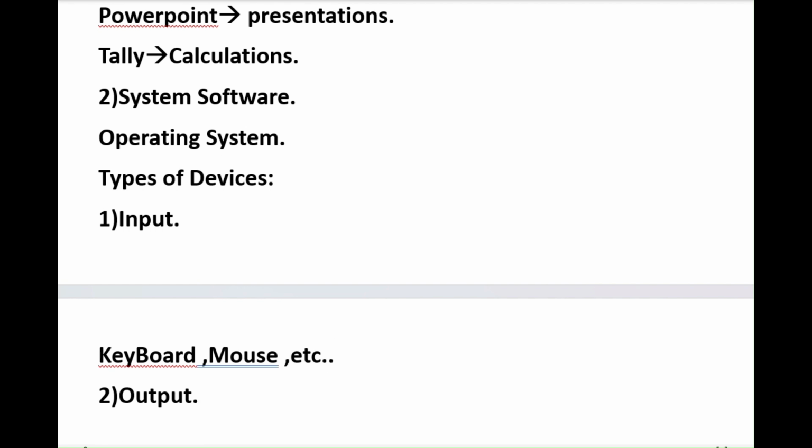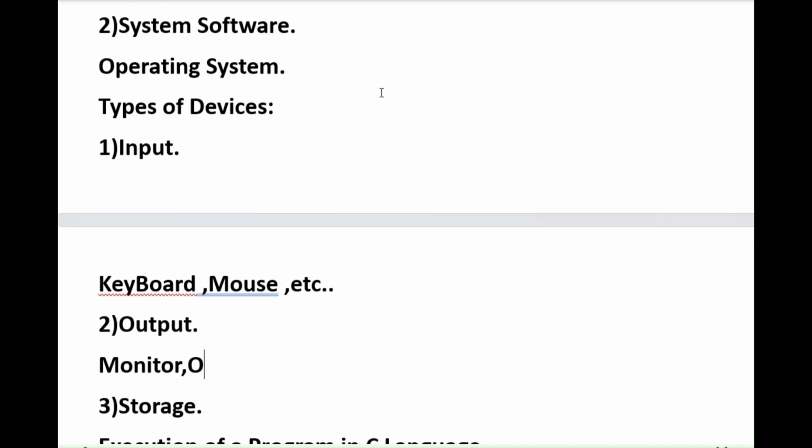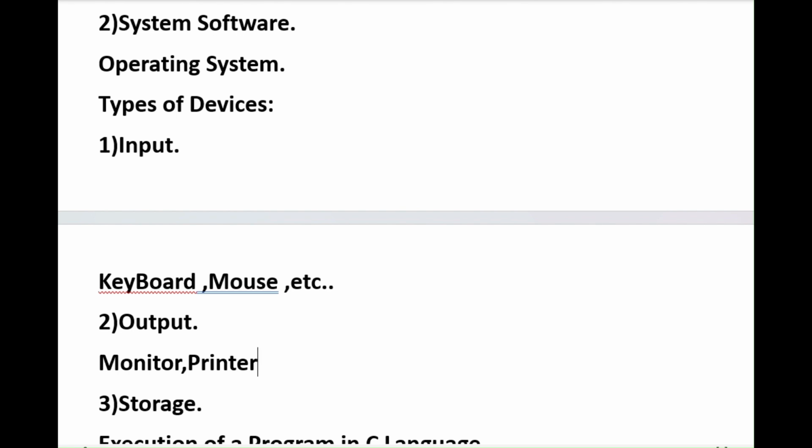And what are output devices? The simple monitor, printer, etc. Which give output are known as output devices, which take input are known as input devices.